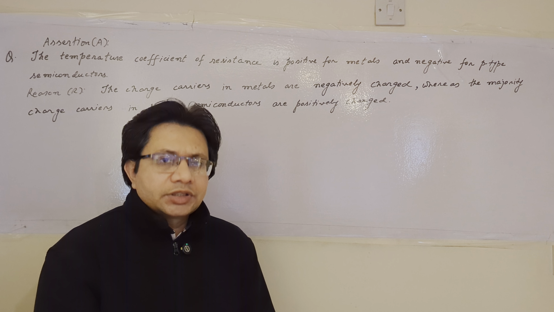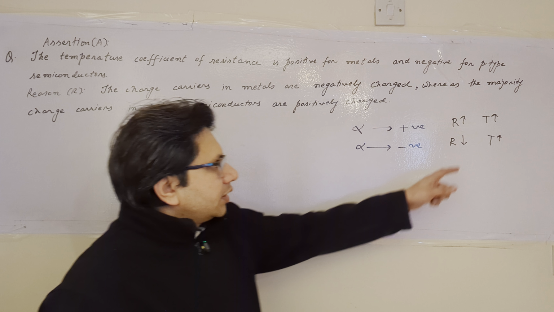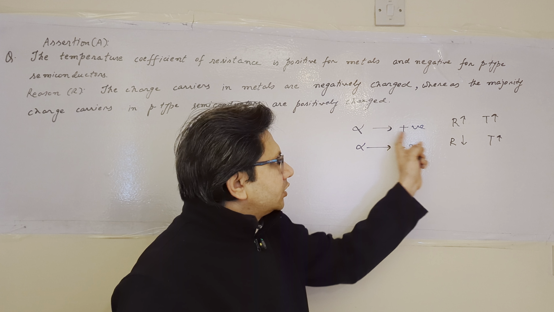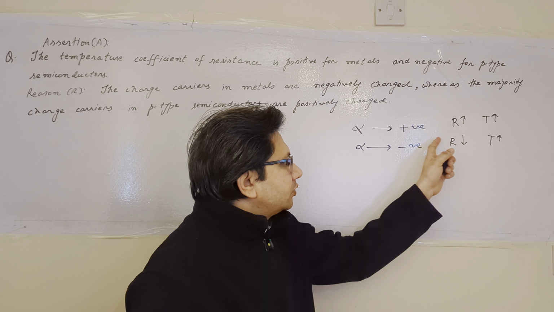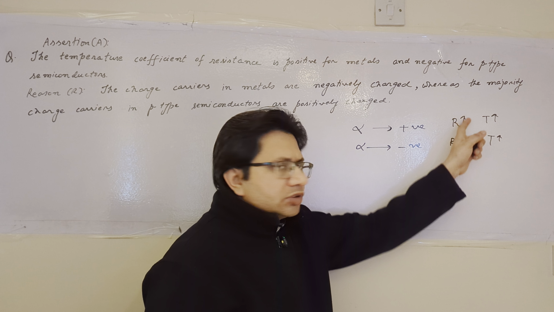It is negative if, when the temperature increases, the resistance decreases. In terms of conductivity, when the temperature coefficient is positive and the temperature increases, the conductivity decreases, and for materials having a negative temperature coefficient of resistance, when the temperature increases the conductivity goes up.